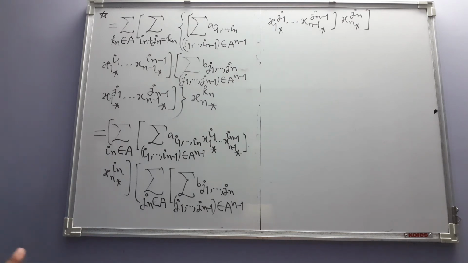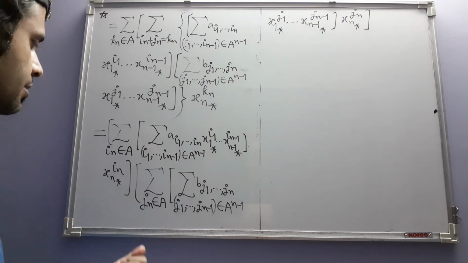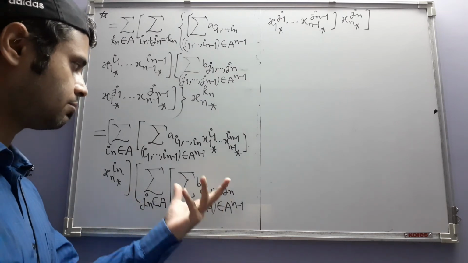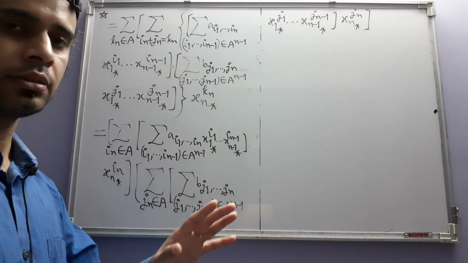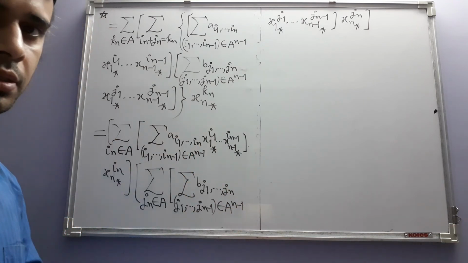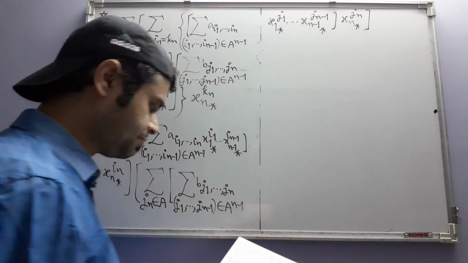So whether we think of the elements as formal symbols or as polynomials in x_n star with coefficients looking like this, if we take their product, the product remains the same. So the product structure is also preserved.